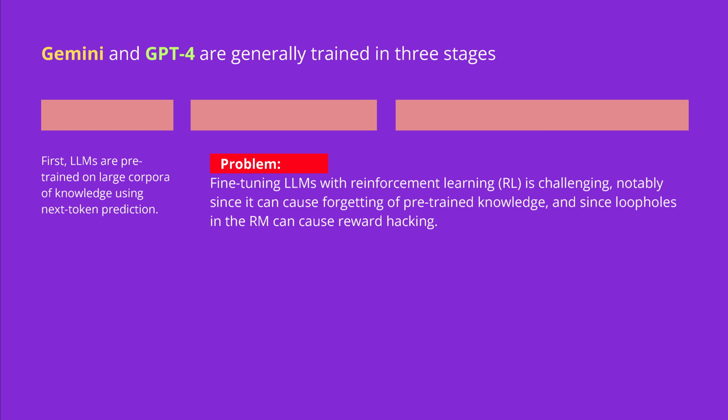If we now want to fine-tune our LLMs more with reinforcement learning, this can be quite challenging because forgetting happens and the system can forget the pre-trained knowledge of the first step, and there are also some loopholes in the reward model that can cause reward hacking.